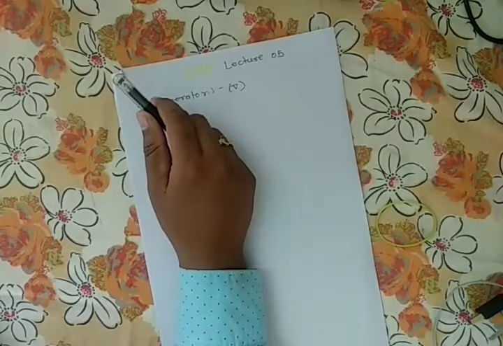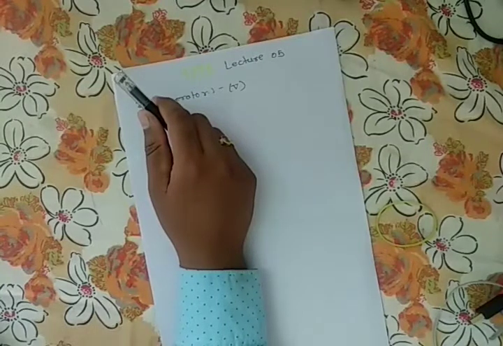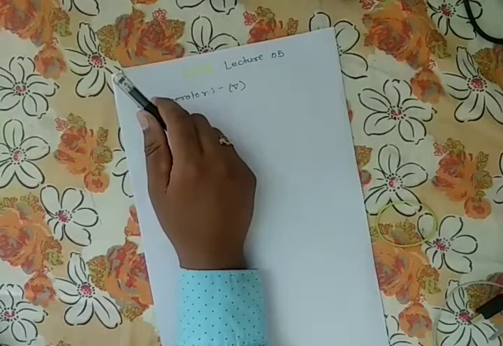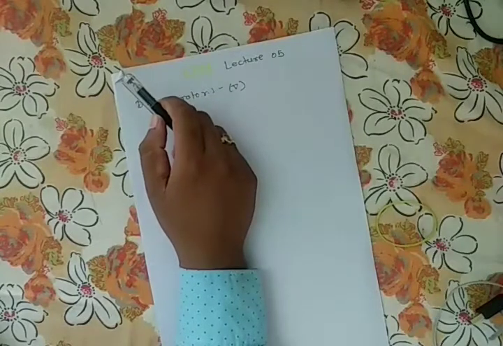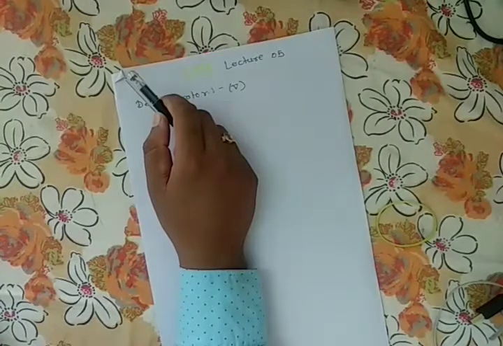In the cylindrical coordinate system, the coordinates are r, phi, z. R is the radius, and the minimum limit for radius is 0 and the maximum limit is infinity. For phi, we have calculated that phi has minimum 0 and maximum 2 pi, and z has minimum minus infinity, maximum plus infinity.